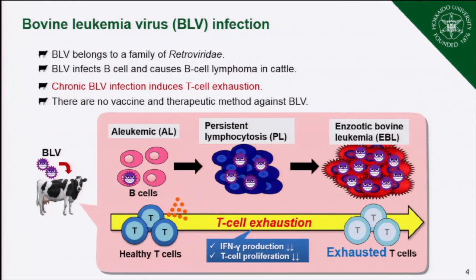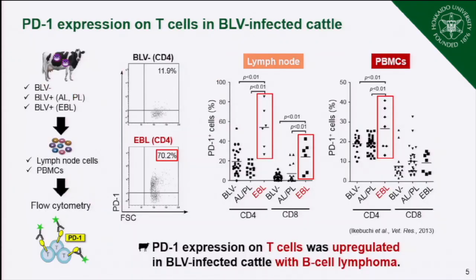So we focused on what is going on in the exhausted T cells during BLV infection. First of all, we analyzed the PD-1 expression on T cells in BLV-infected cattle. And we divided the cattle into 3 groups: BLV uninfected, BLV positive but no lymphoma, and BLV positive with lymphoma, called EBL.